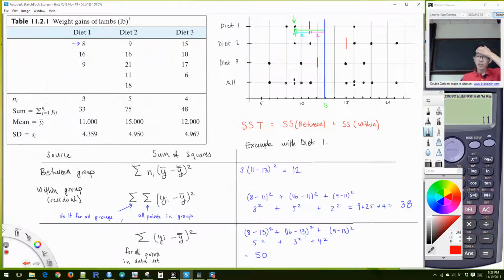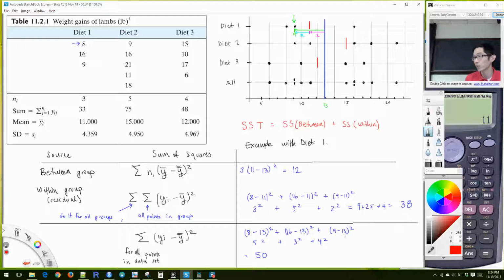Okay, so just based on this by itself, what's your gut feeling in terms of: does the amount of variation contributed from the fact that the group means are different seem large or small in comparison to the variation that just exists within the group?